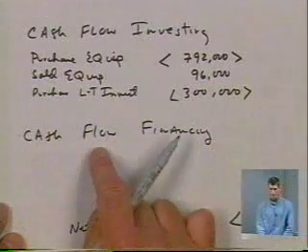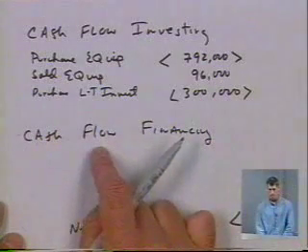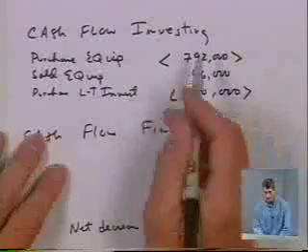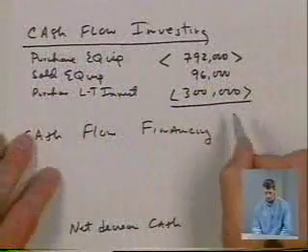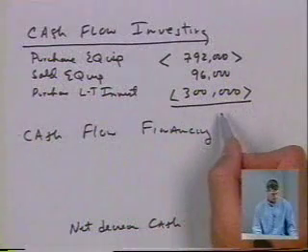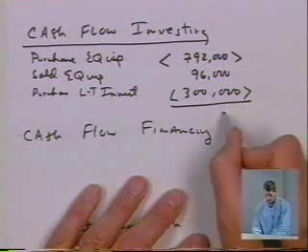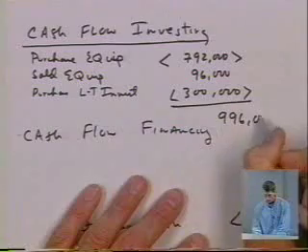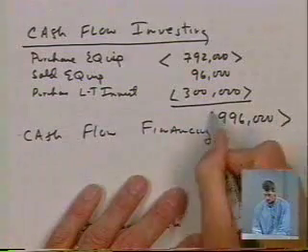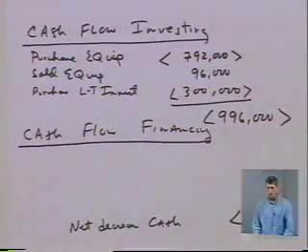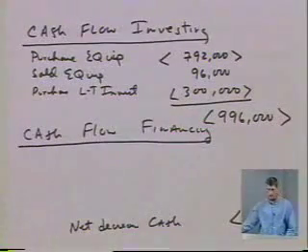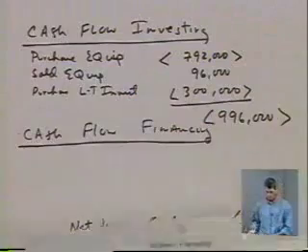Cash flow from financing. That's next. So those are the three items affecting our investing section. We can add all that stuff up, and we see that we have a 996 net cash outflow from investing. Cash flow from financing. We go back to our balance sheet, look at what's going on.